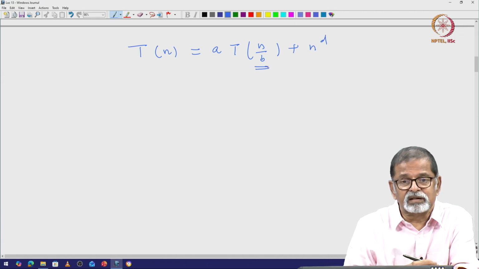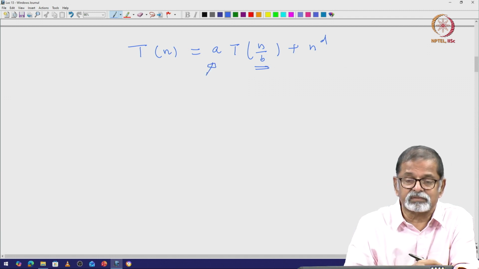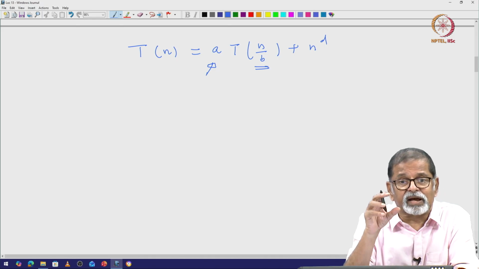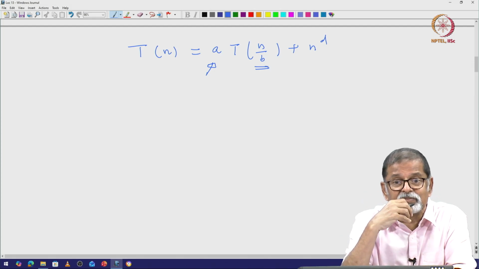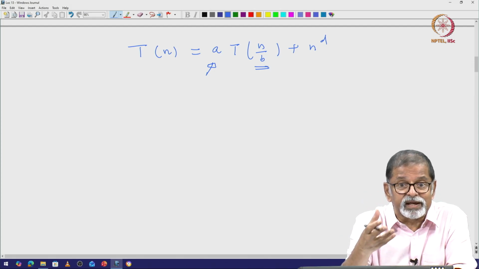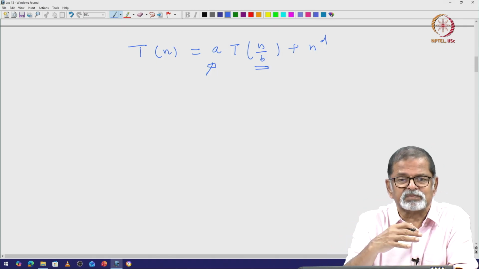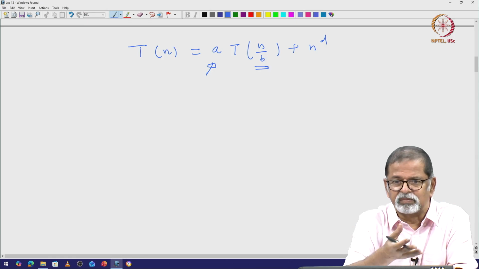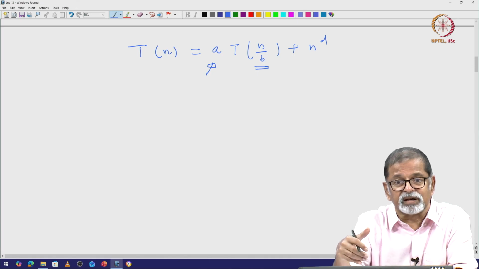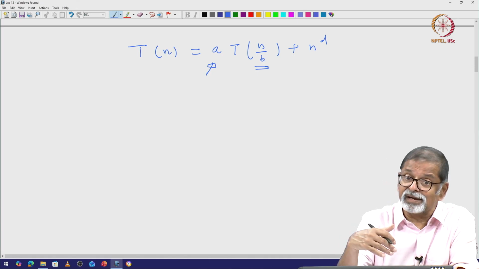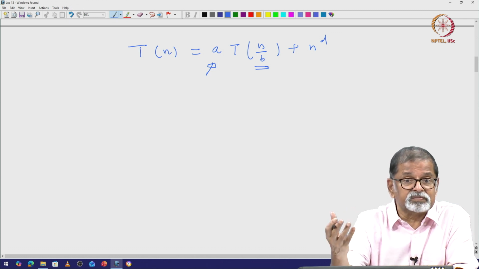This B is the size of the smaller problem and A is the number of problems. What the Karatsuba algorithm has taught us is that by reducing the number of problems, we can gain efficiency. When B is 2, you can't make it any smaller. Minimum you have to split in 2. Therefore, you see the ratio 2 you cannot reduce, but A perhaps you can reduce. If you do that, you get a more efficient algorithm.